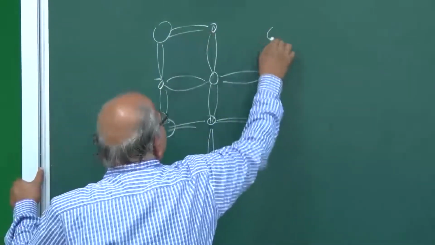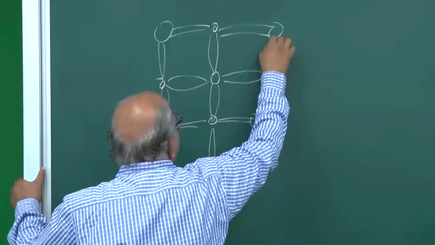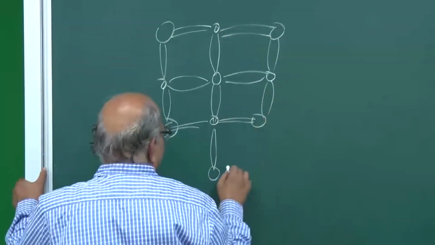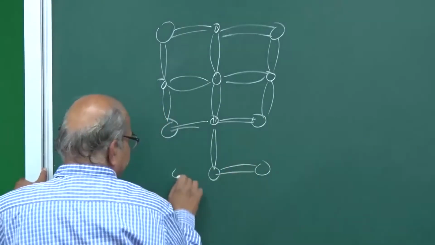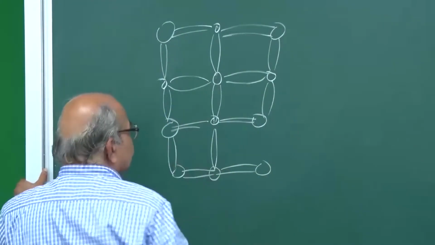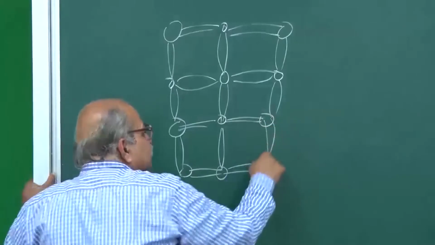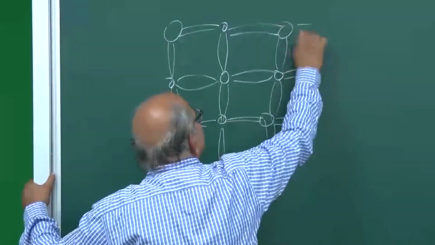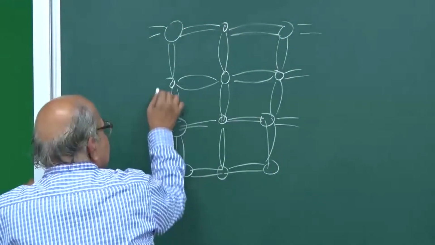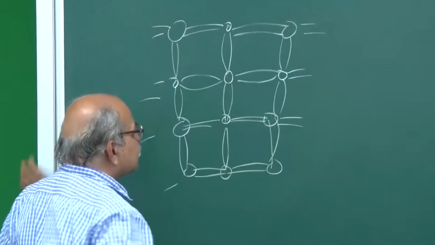Remember, our board is 2-dimensional and therefore I am only drawing this 2-dimensional diagram. The real crystal has that diamond structure, that tetrahedral symmetry and all those things that I showed here.